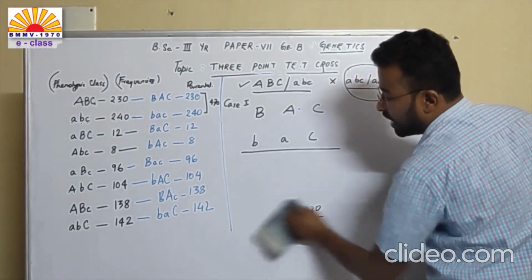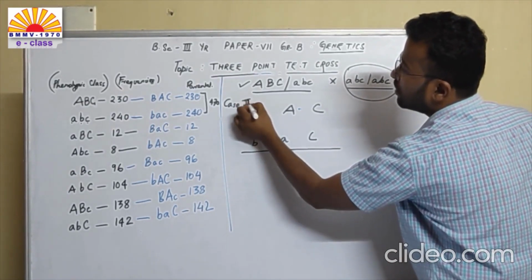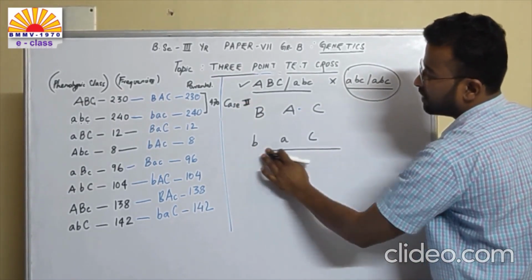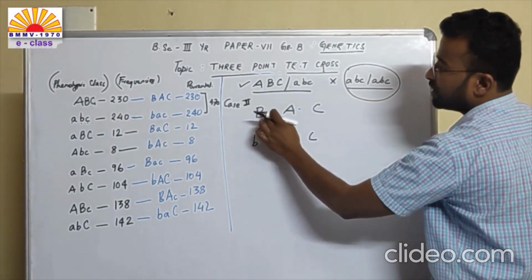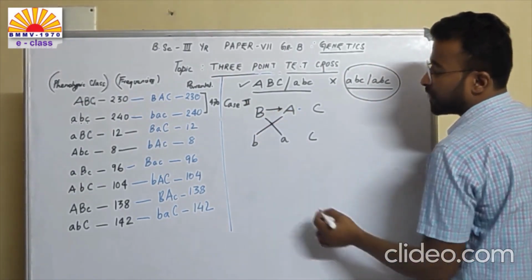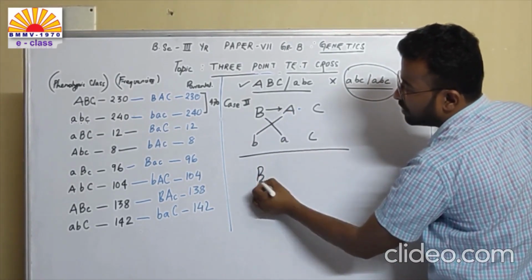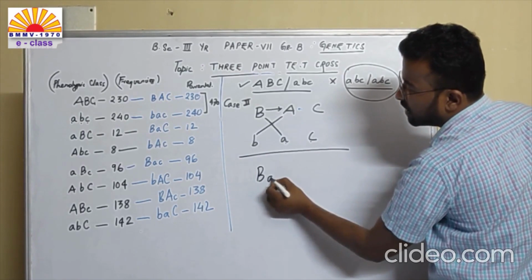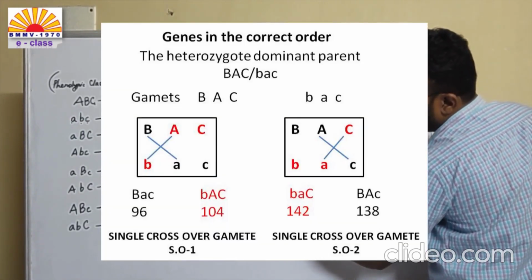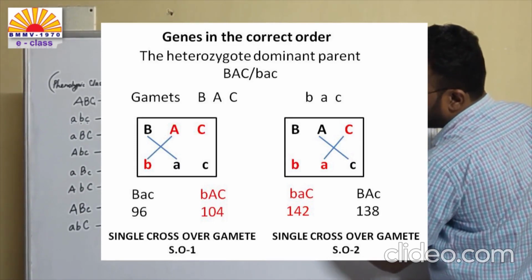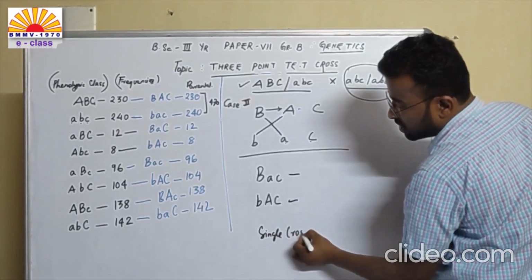What has happened actually? In case number 2, we have a first crossing here, that is from B to A. Now as a result, what has happened? There will be capital B, small a, small c and small b, capital A, capital C. These are known as single cross overs.